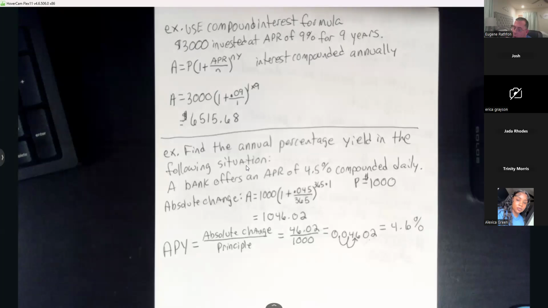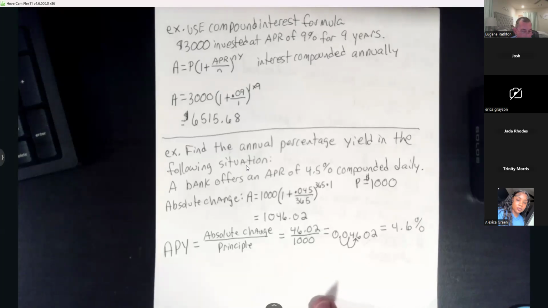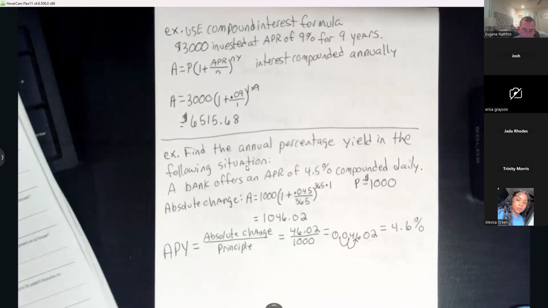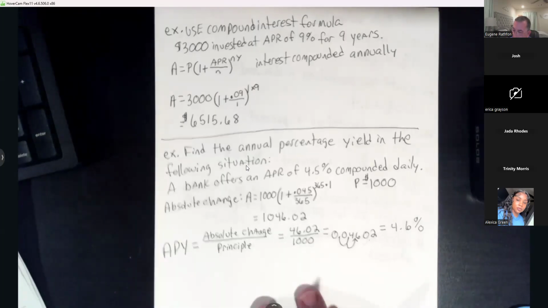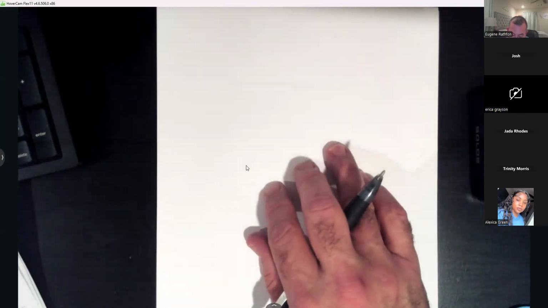All right, y'all. So I got one more for our last formula we learned. So let's play with our last formula. All right, y'all.